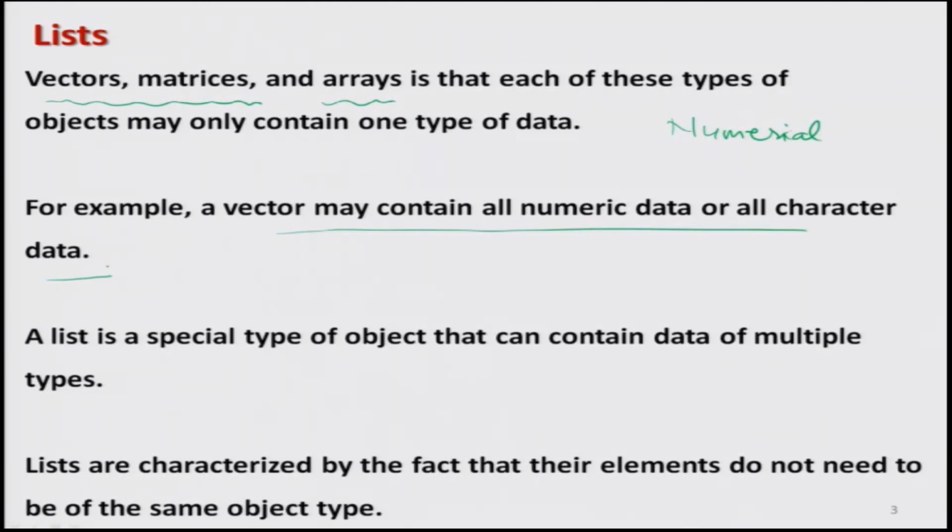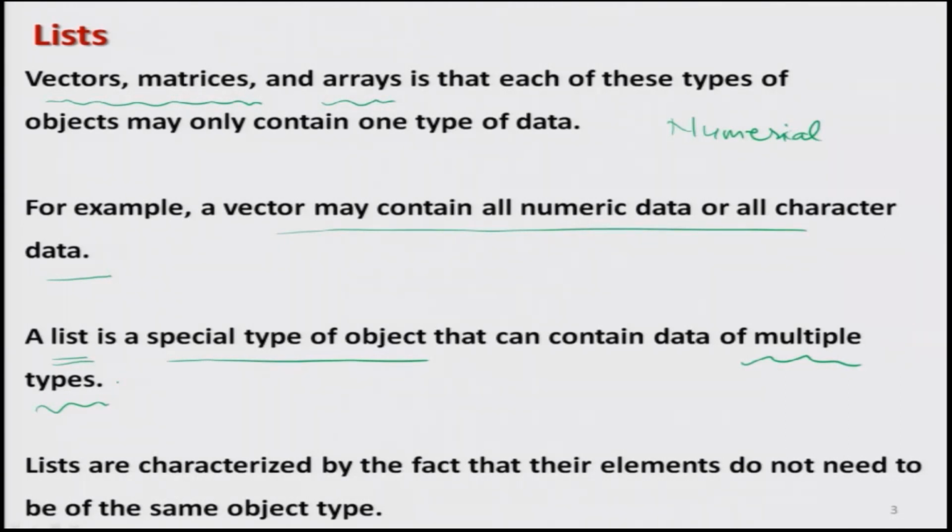So, in order to overcome such issues, list is used. This list is a special type of object that can have multiple types of data or the data in multiple modes. What is called a mode?